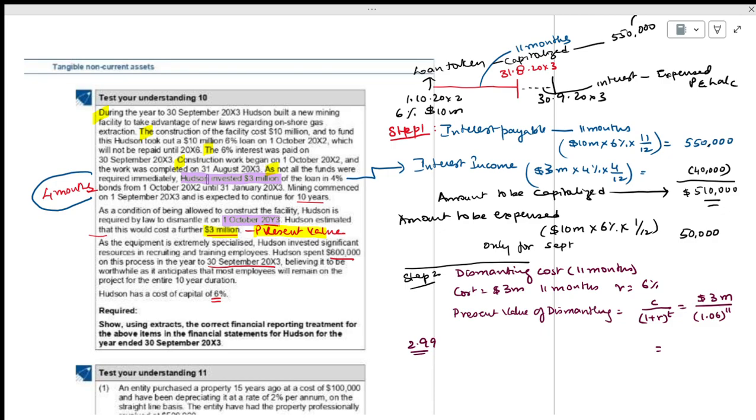This will cost 3 million. As the equipment is special investment, this is not required.